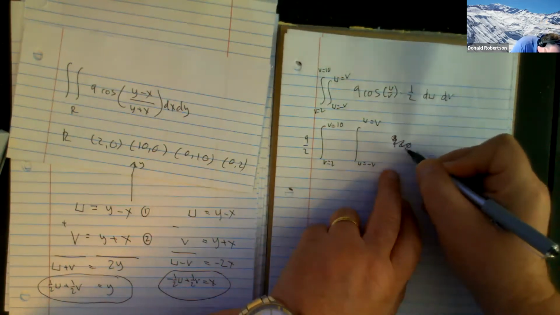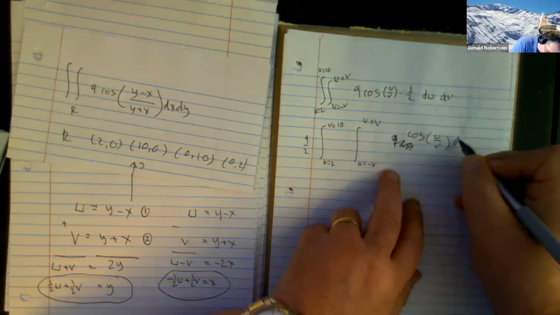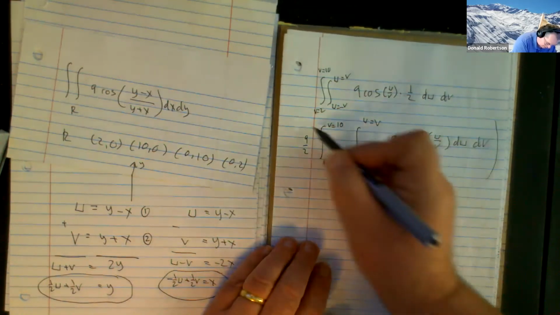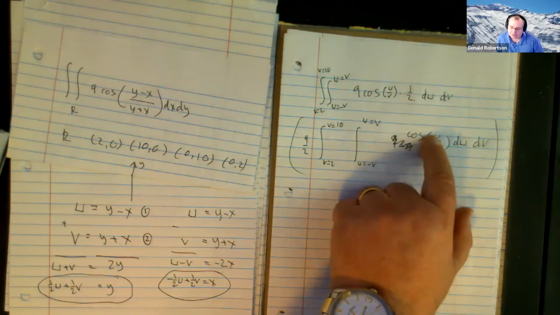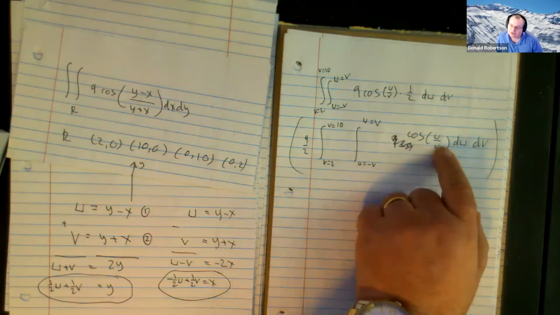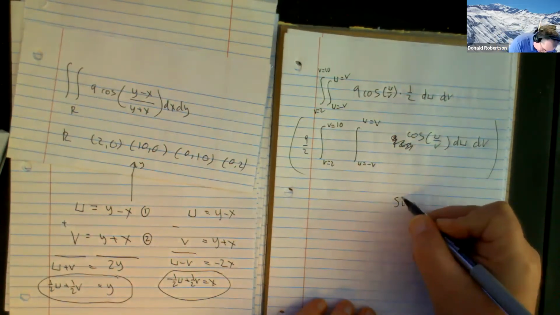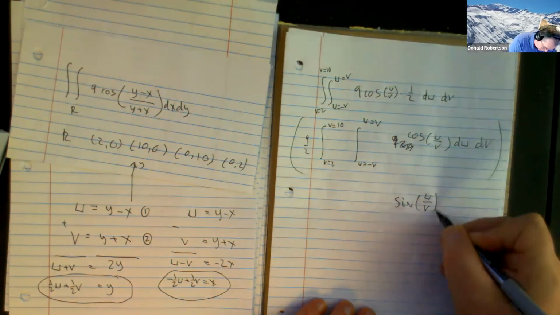When you do the integral of the cosine of u over v, when you integrate it with respect to u, it's actually not that bad. So if you integrate the cosine of u over v, you get the sine of u over v.